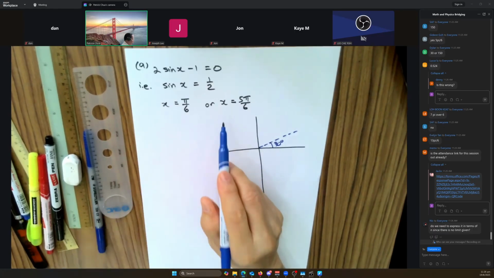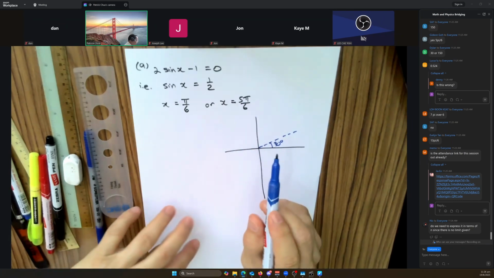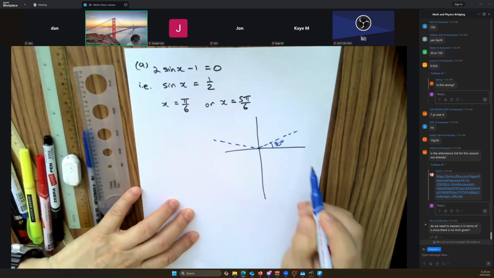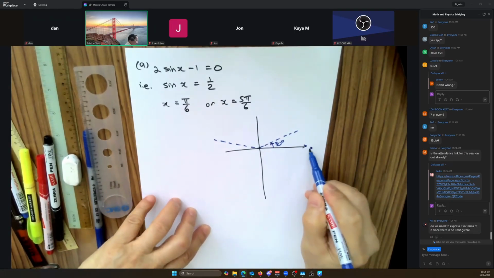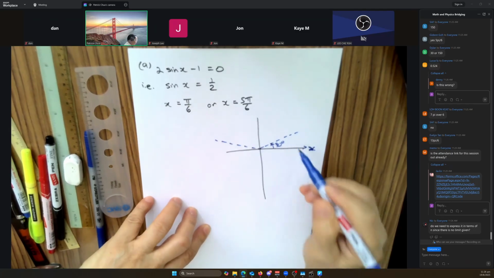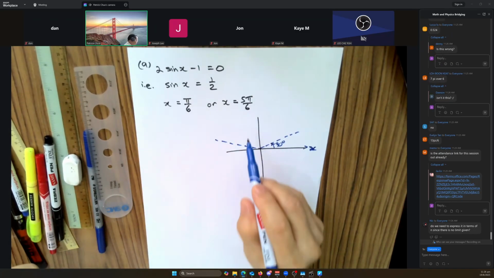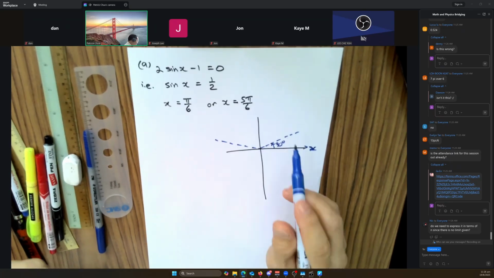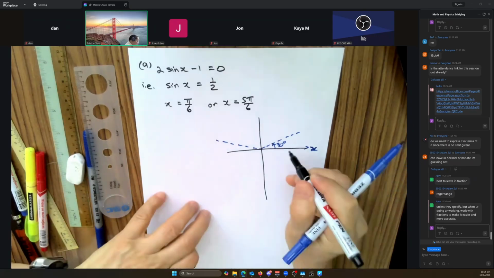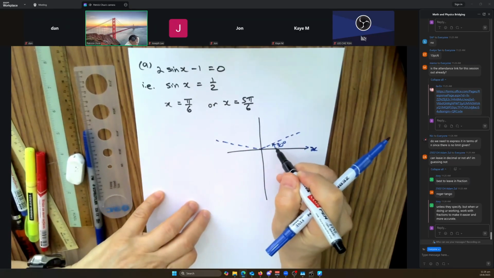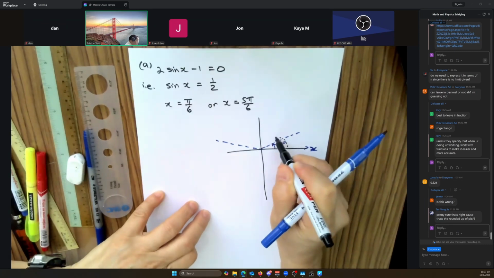Also, x can be 5 pi over 6 radians. How many degrees is 5 pi over 6? 150 degrees, measured from the positive x-axis to there.